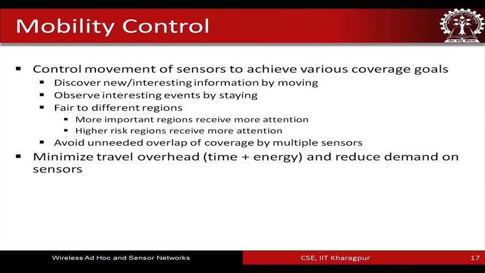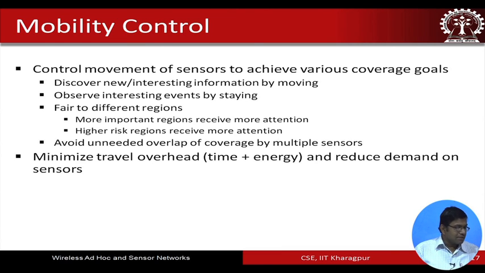These coverage goals might be to discover new or interesting information through mobility, observing interesting events by staying in the network, or to be fair to different regions with different degrees, maybe giving more important regions and higher risk regions more attention, and so on. What is required is to minimize the travel overhead in terms of time and energy, and reduce the demand on the sensors.